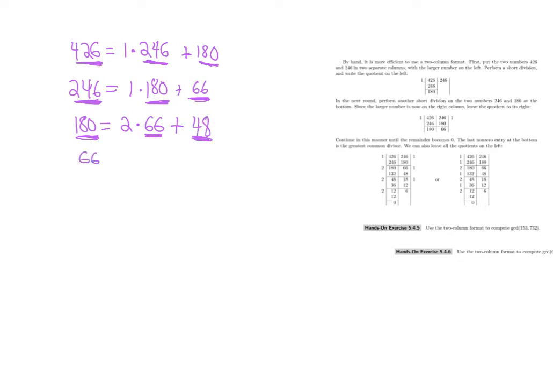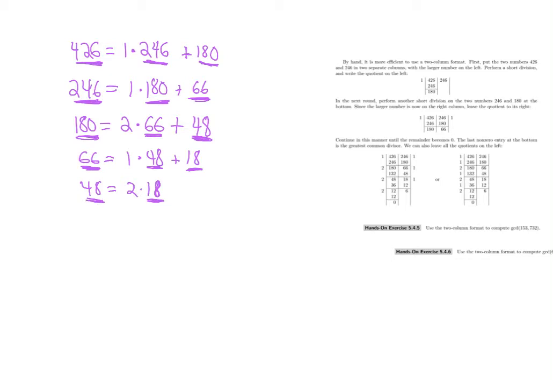All right. 66 equals 1 times 48 plus, what's the remainder? 66 minus 48 would be 18. 48 divided by 18, we have that 18 goes into 48, not 3 times, but only twice. 2 times 18 is 36.